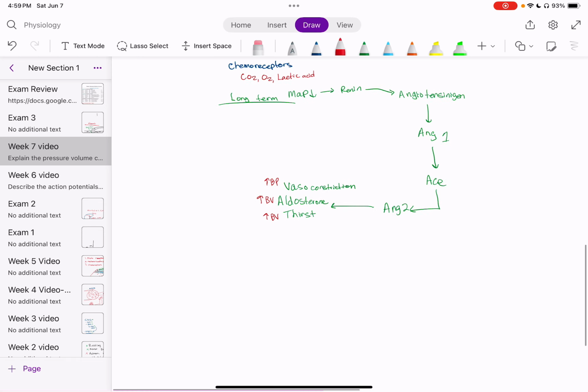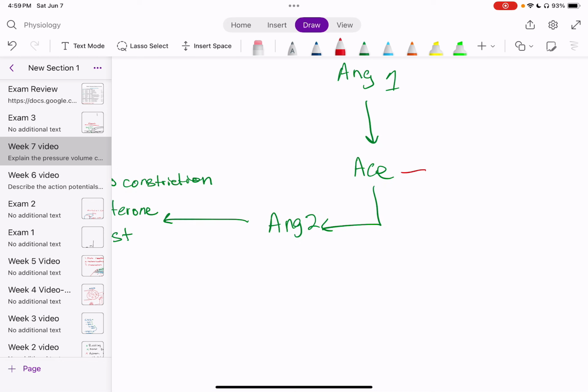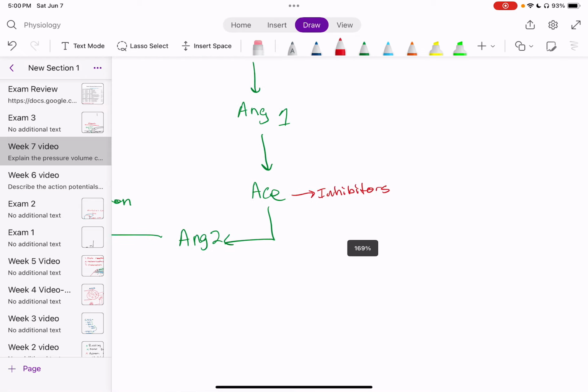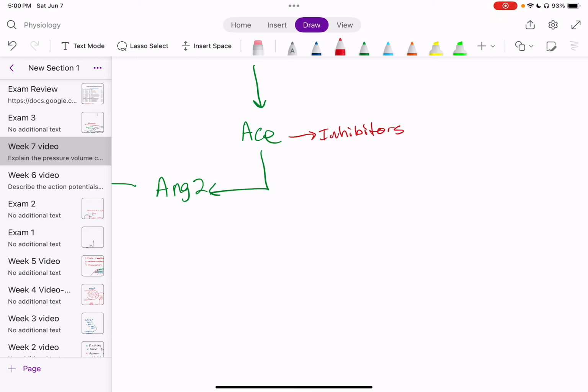And this is important to understand because ACE inhibitors are among the most common ways to regulate blood pressure. So most blood pressure regulating medications are ACE inhibitors.